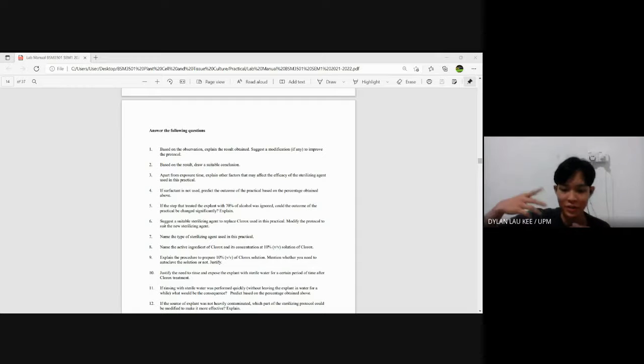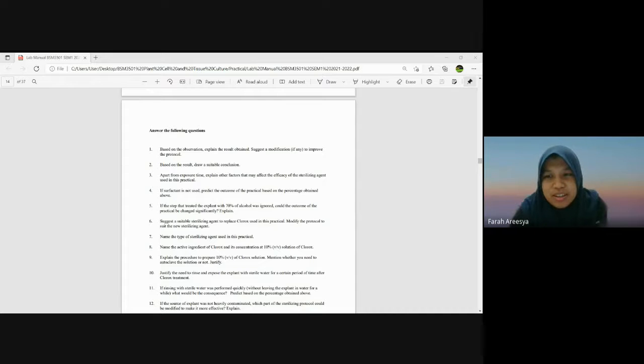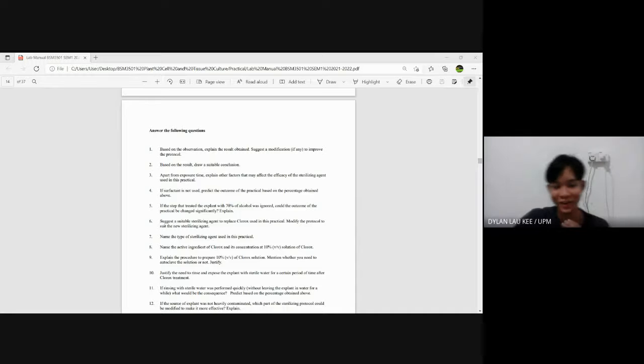No. My question that I don't understand is why is the type of sterilizing agent used in this practical halogen? I don't know if it's correct, but is it because 10% Clorox has a chlorine substance? Exactly. Yes. Oh, understand now.